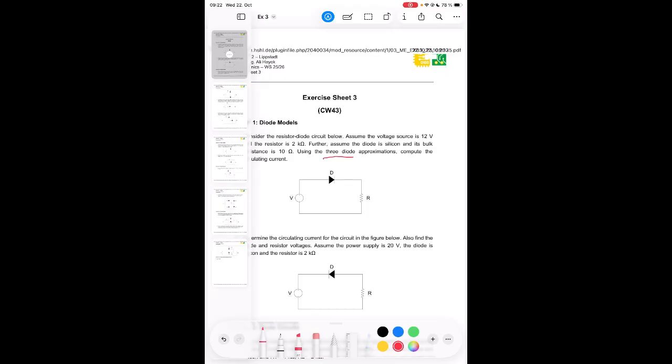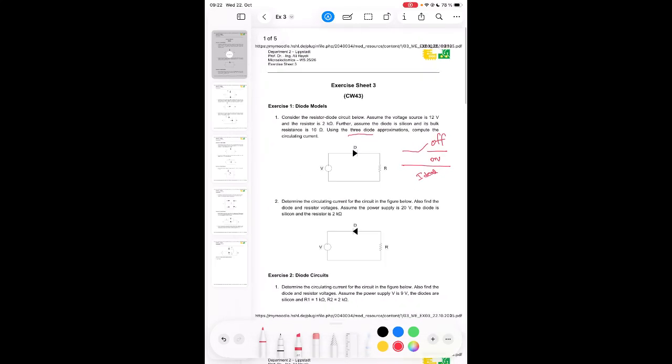What is the second model? Yes. Constant voltage drop. Piecewise voltage drop, which is the easier one. If we think about it, the ideal is really ideal. We either have current or we don't have current. We don't think about voltage, resistance, and so on. So what is the next possible approximation? Voltage drop is known in a lot of books as part of the piecewise model.